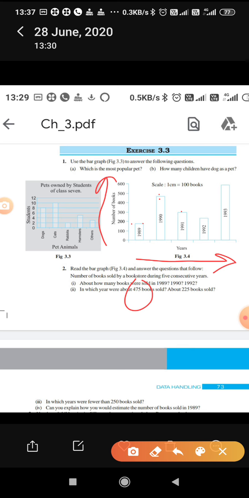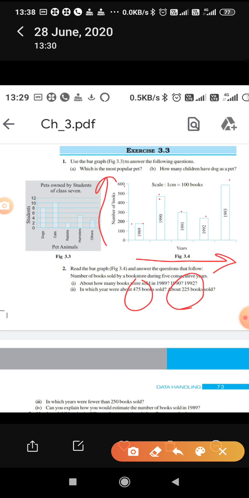If we match, it comes on the 300. For 1992 it is somewhat above 200, and in the second part you can see 225 books were sold, so we will take 225. For 1993 it is exactly at 600, so we will take 600.